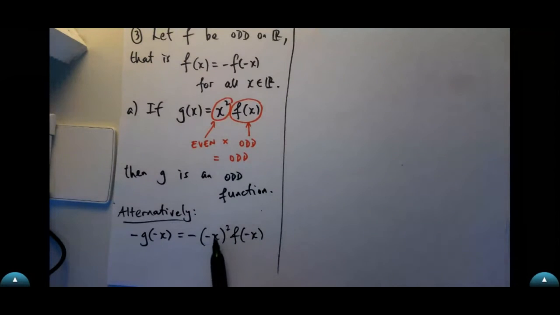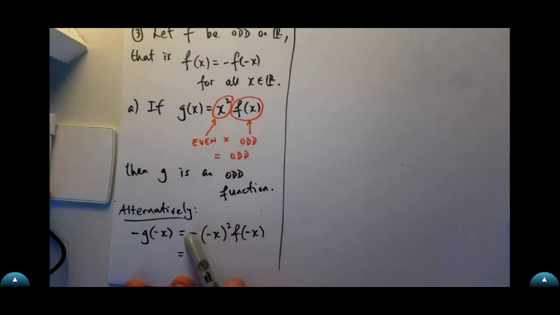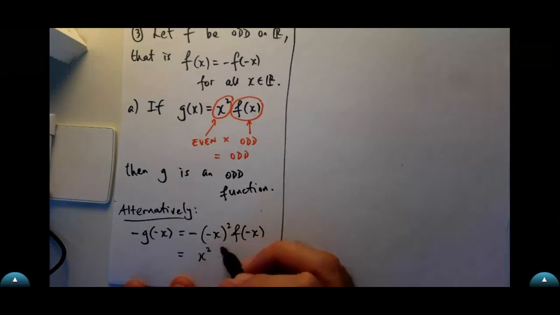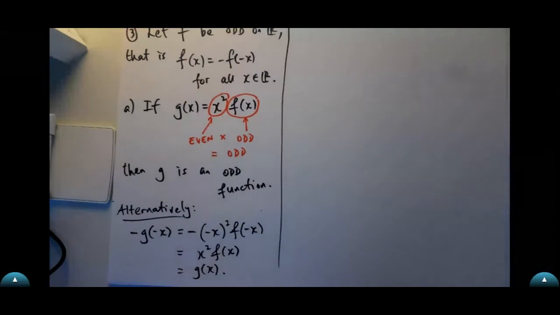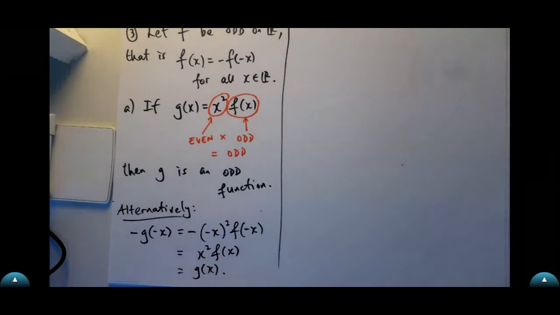Now, if I square negative x, I'm just going to get x squared. And what do we know about this? Negative f of negative x equals f of x. So that is just g of x.